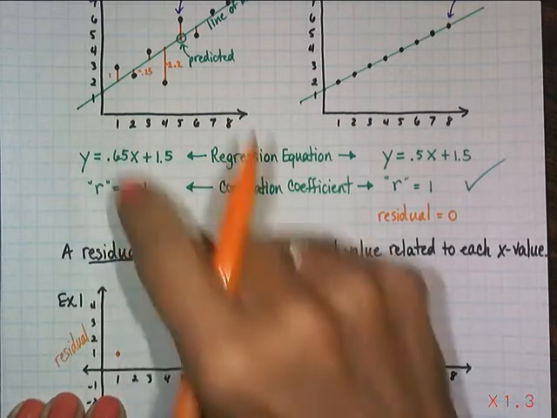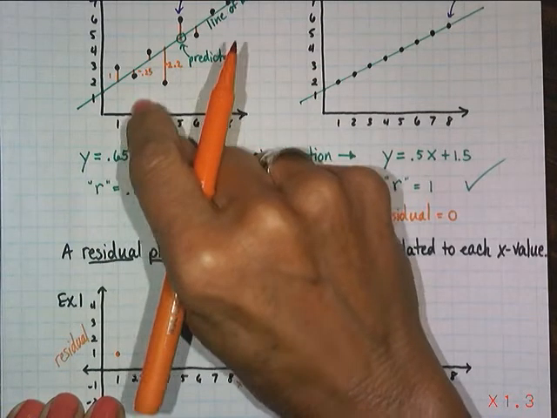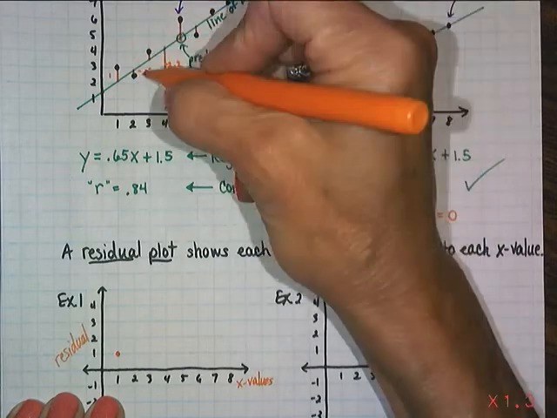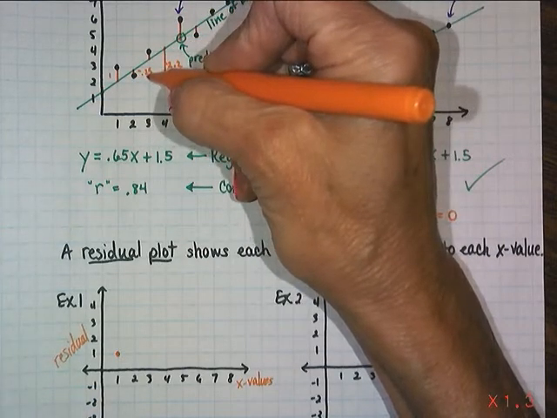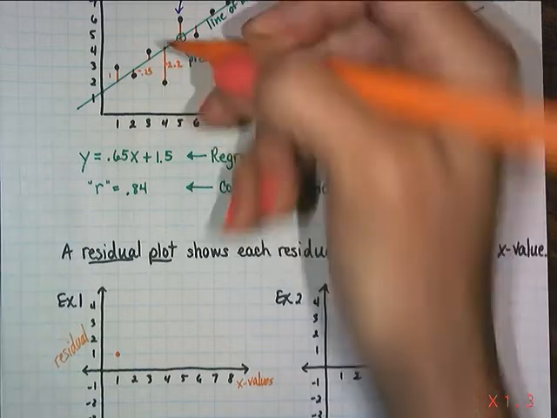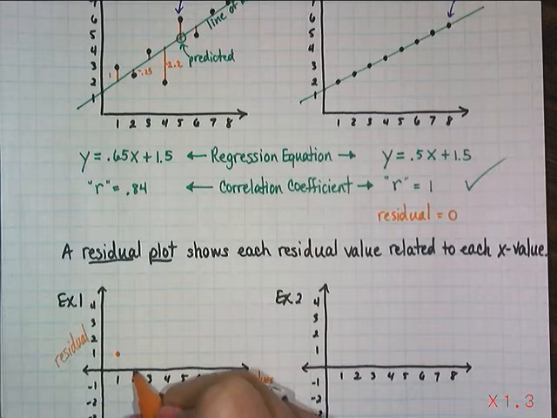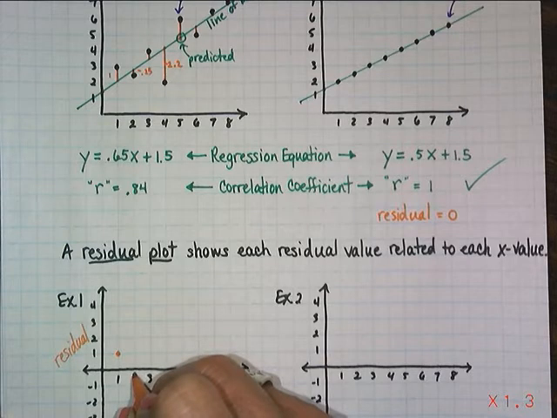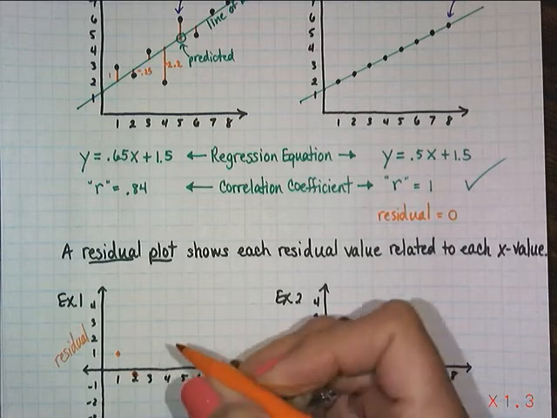When x is 1. When x is 2, see that dot right there? Doesn't it look like it's just slightly off the line? Like approximately, and this is an approximation for me, about 1/4. So I'm going to say when x is 2, we're about 1/4 of a point off the line. So that would be about right there.